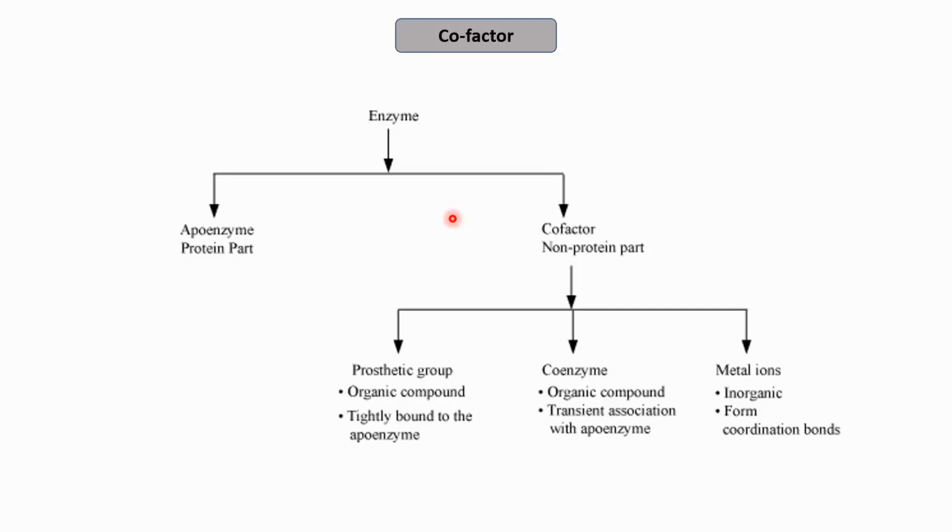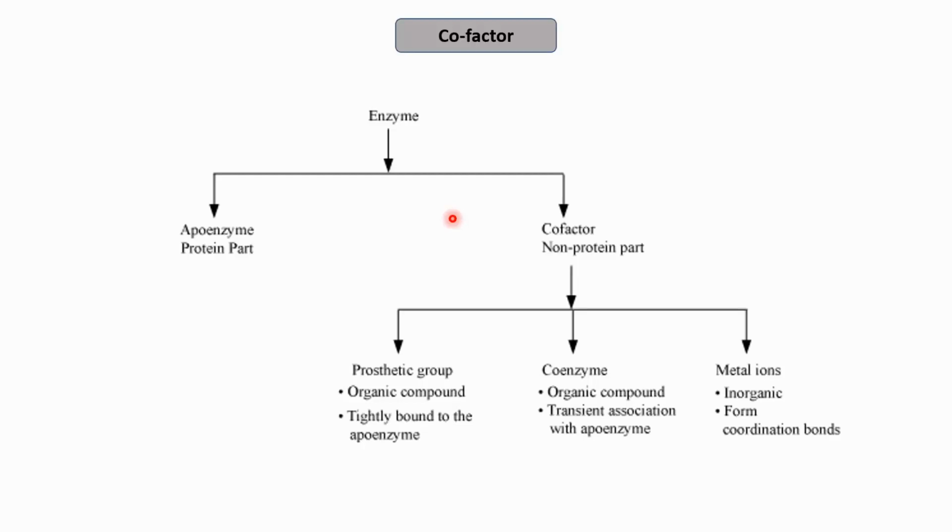The apoenzyme plus cofactor results in the holoenzyme, or the complete enzyme, which contains both protein and non-protein parts. The cofactor can further be divided into different categories depending on the nature of the non-protein part. They can be classified as prosthetic groups, coenzymes, or metalloenzymes.